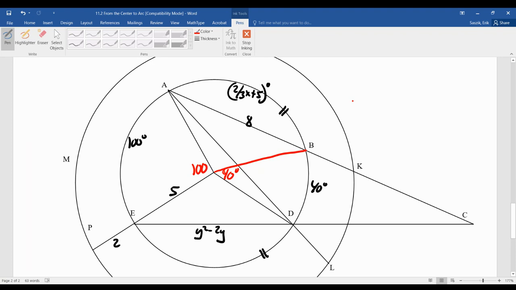If I take away 140 from 360, I get 220, but these have to be congruent. So each of these central angles must be 110. I'm going to be able to do a lot with that now.